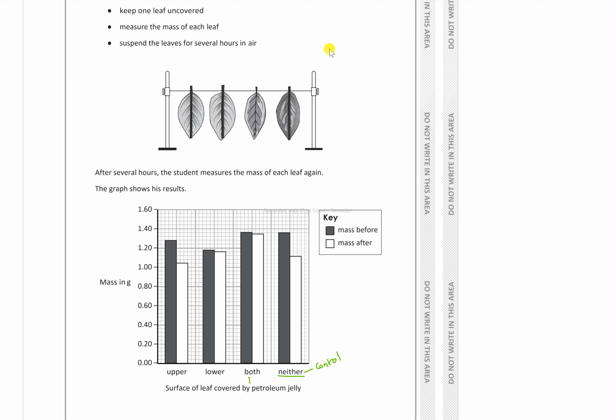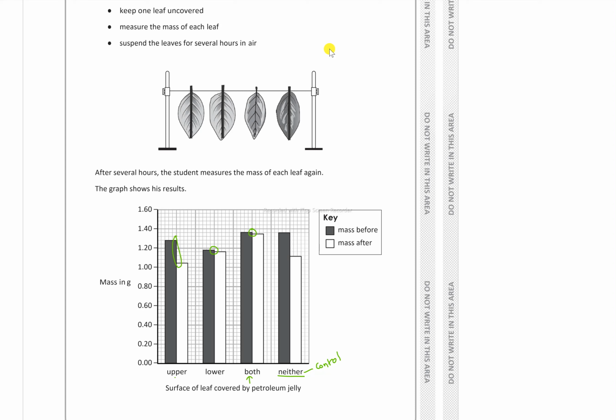This one they've covered both, so we're expecting very little water loss, which is good. Can you see that gap there is the smallest? They've covered the upper leaf, so we're expecting the bottom leaf to lose most of the water anyway because it's got the stomata. And they've covered the lower leaf, so there's only a little loss. Is it the same gap? Yeah, it's about the same gap.